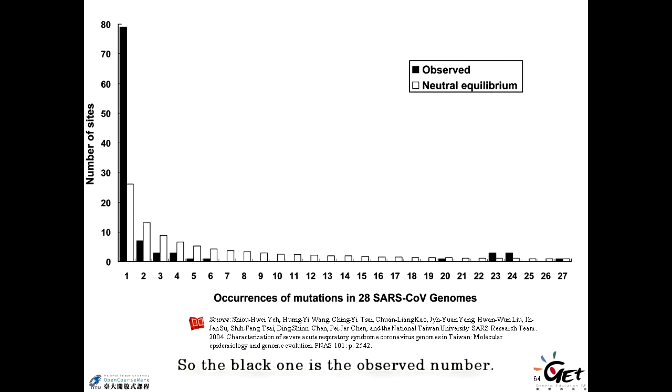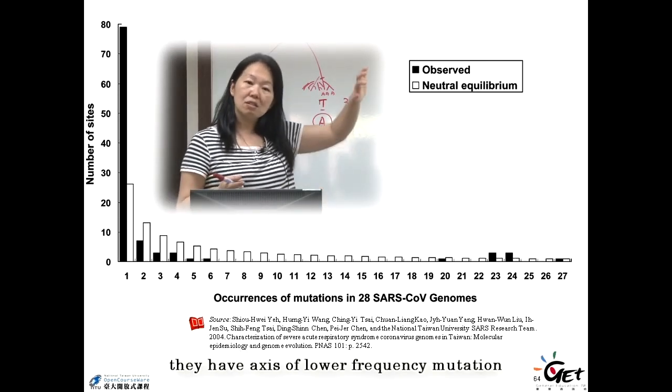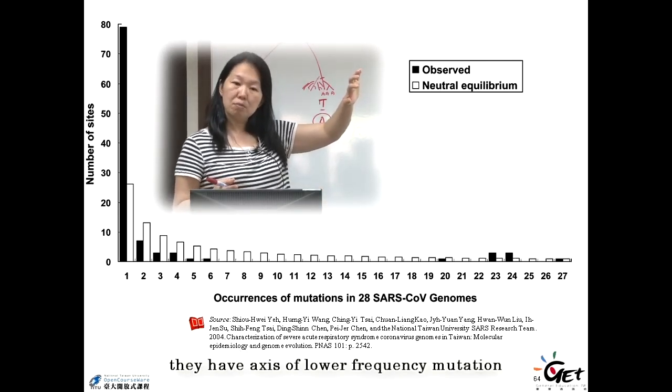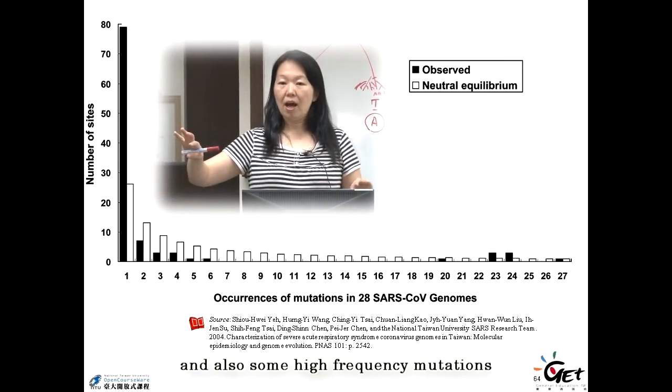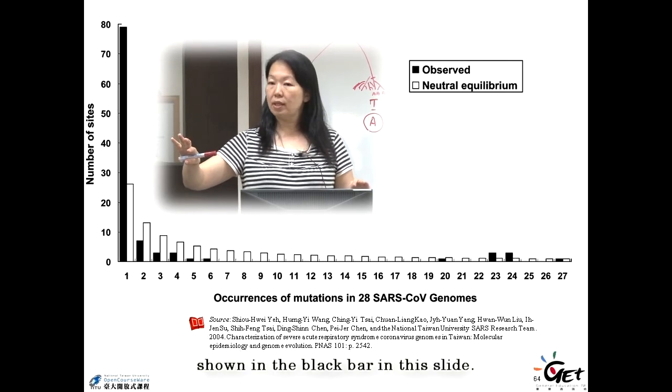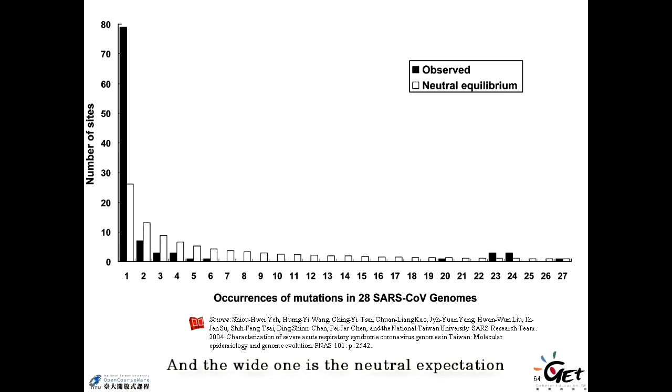The black one is the observed number, the data they observed in the population. You can see there are extreme cases that have an excess of lower frequency mutations and also some high frequency mutations showing in the black bars in this slide. And the white one is the neutral expectation.